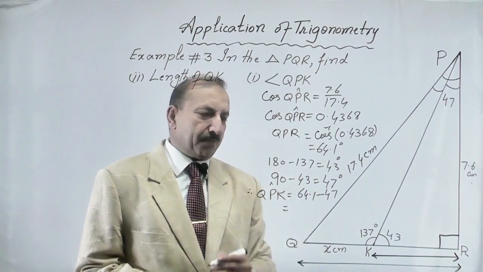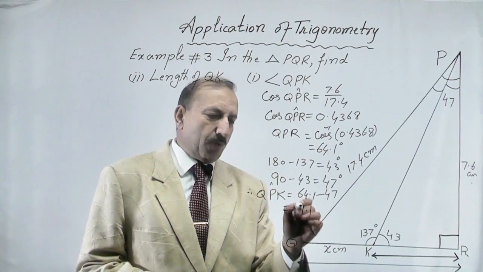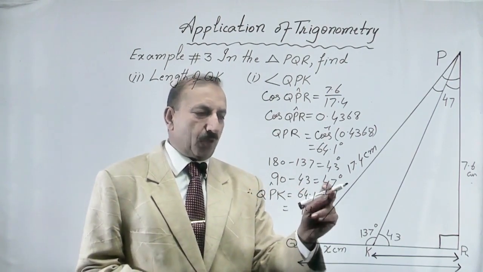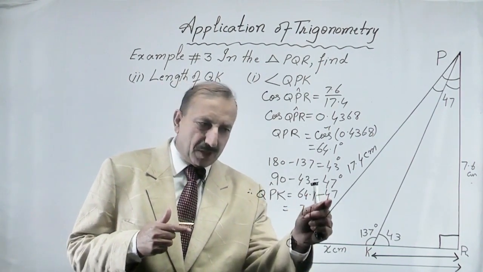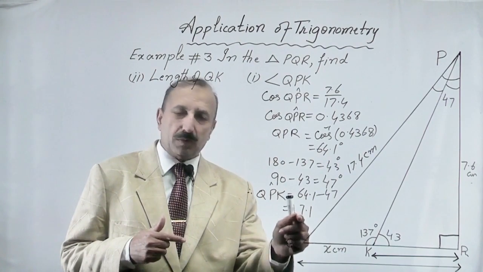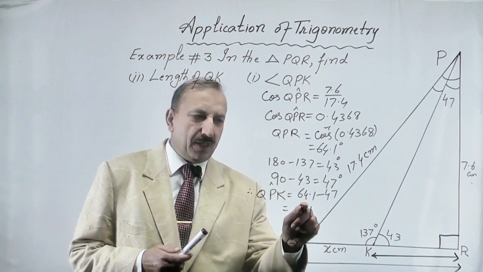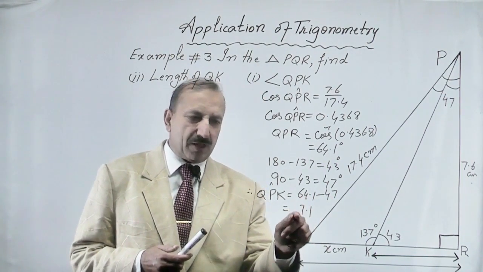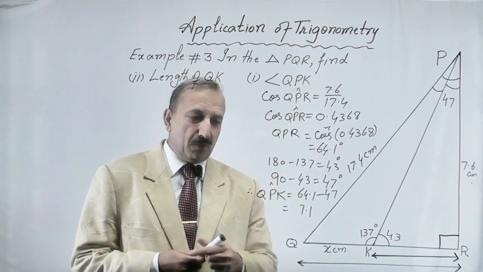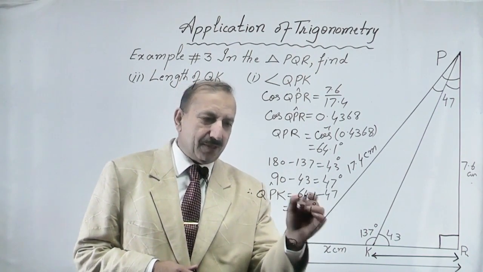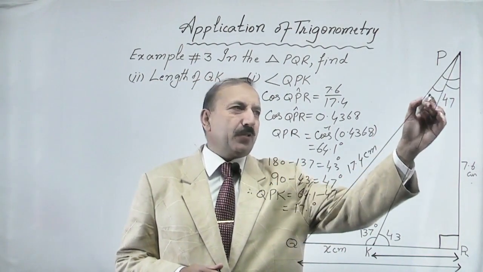Subtracting 47 from this gives you 17. The decimal 1 stays as it is, subtracting 7 from 14 we got 7, and now 5 is left. Subtracting 4 from 5 we get 1 here. This is 17.1 degrees, the answer for this part that we actually need to find.